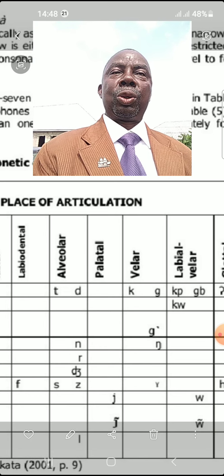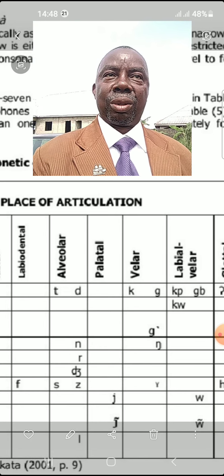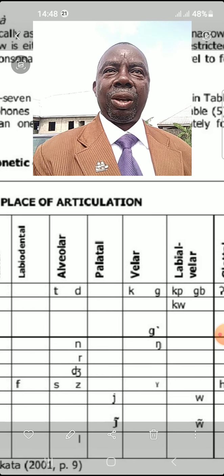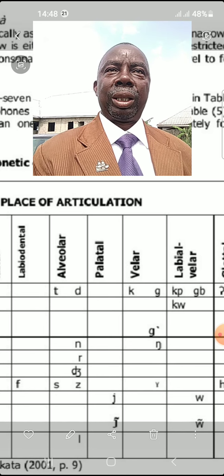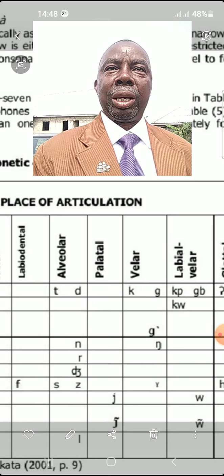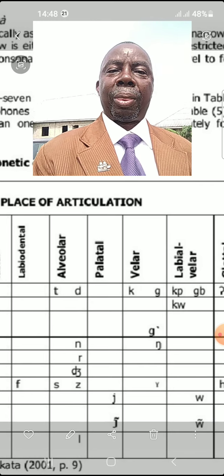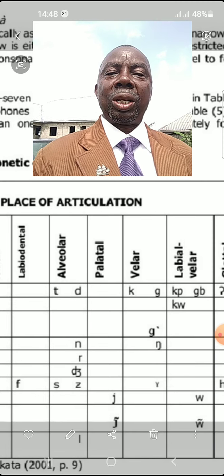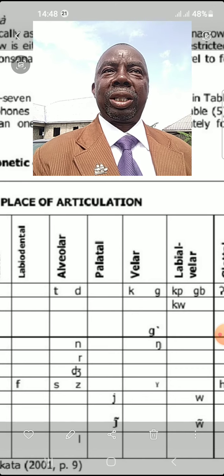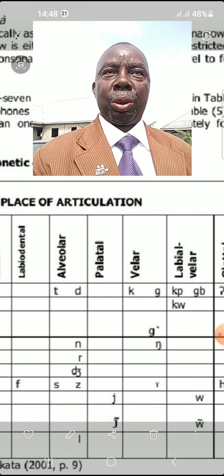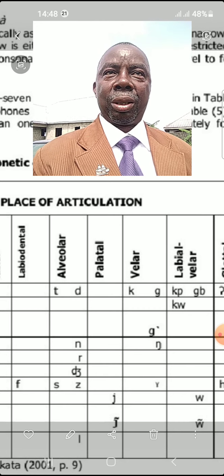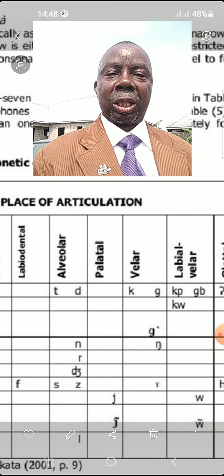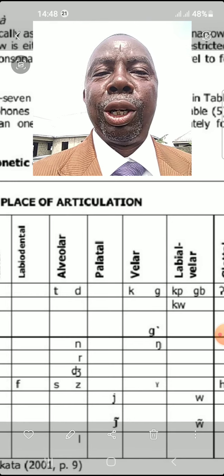A consonant sound is a sound made by a closure or narrowing in the vocal tract so that the airflow is either completely blocked or so restricted that audible friction is produced.